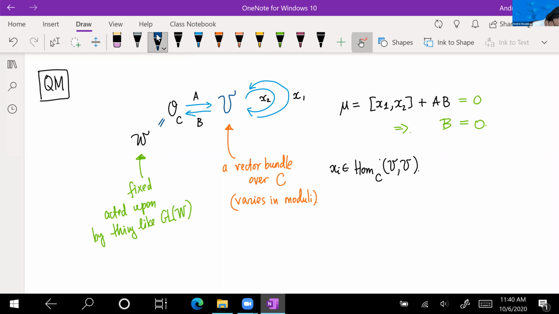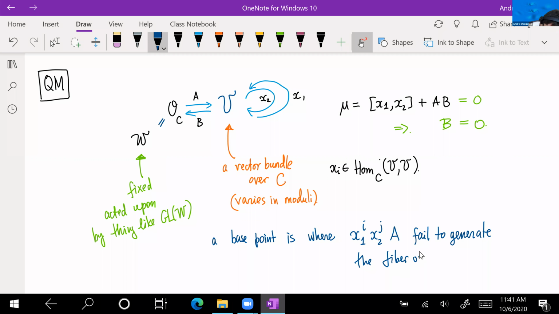A base point is where the image of x1 to the power i, x2 to the j applied to the image of A fails to generate the fiber of B.